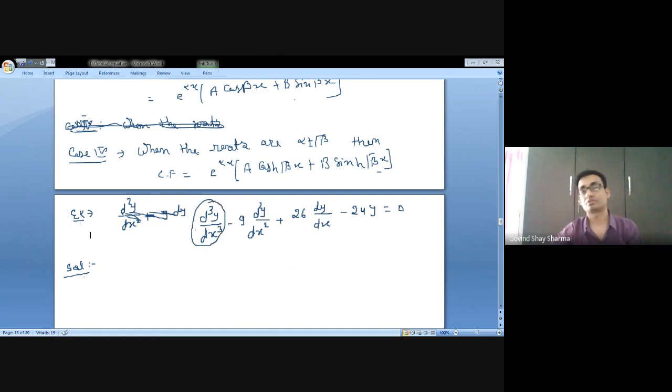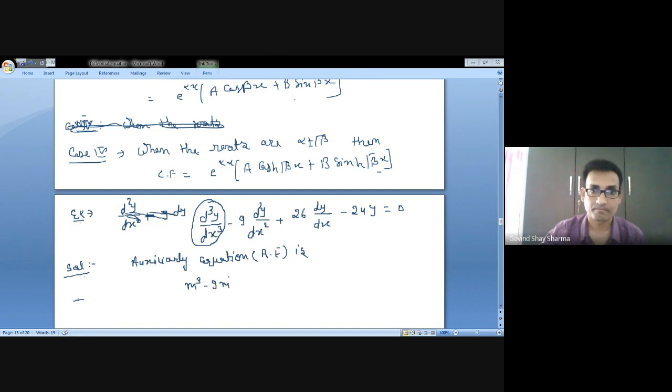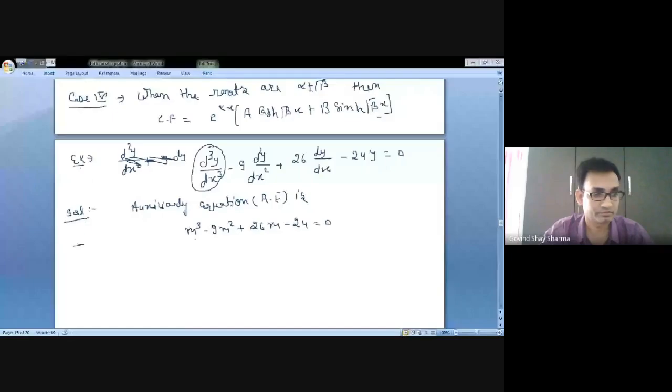But we follow the same procedure. We take the auxiliary equation and find the roots of m.